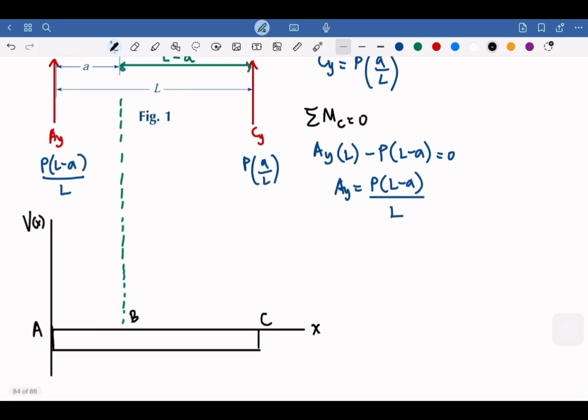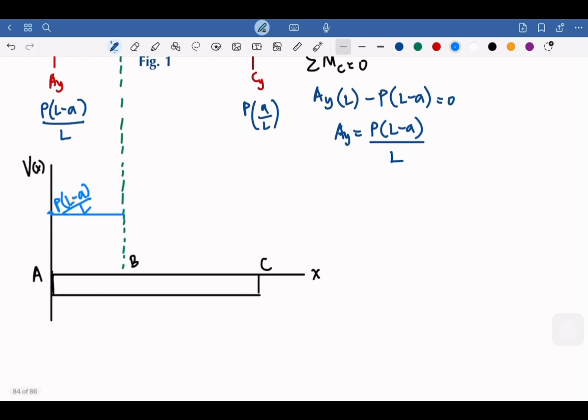When we start from 0, the value will be P(L minus A) over L. It will be constant, stable, up until point B. And then it goes down. How much is the distance?